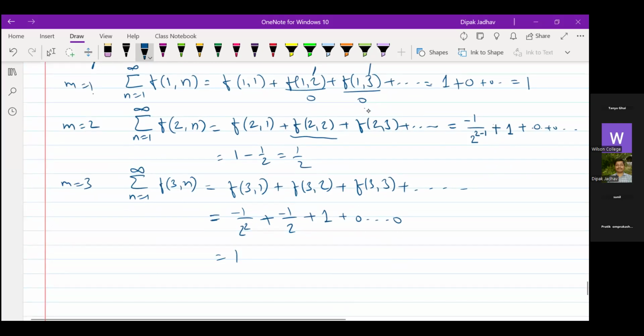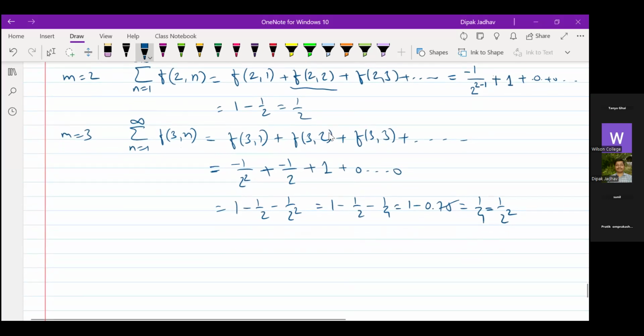So what you'll have is 1 minus 1 by 2 minus 1 by 2 square, which is 1 minus 1 by 2 minus 1 by 4. That is 0.75, or 1 by 4, which is 1 by 2 square. All of you agree with this?